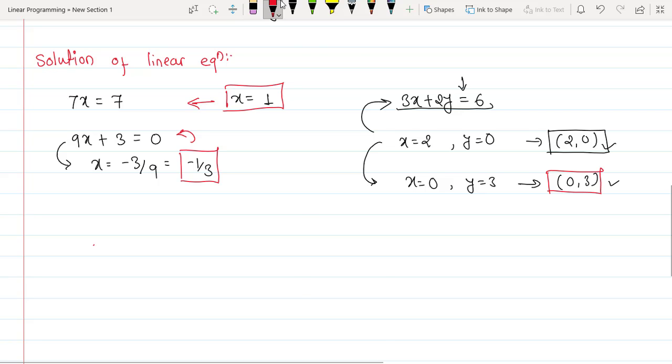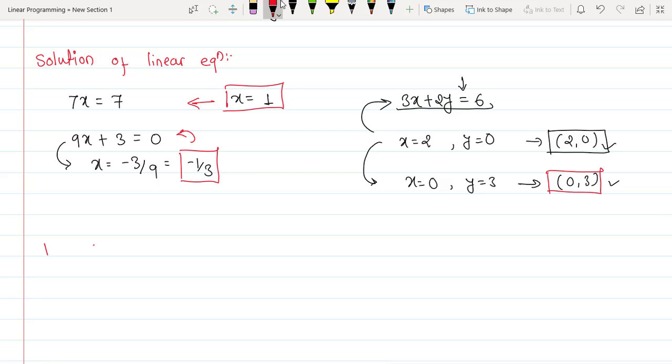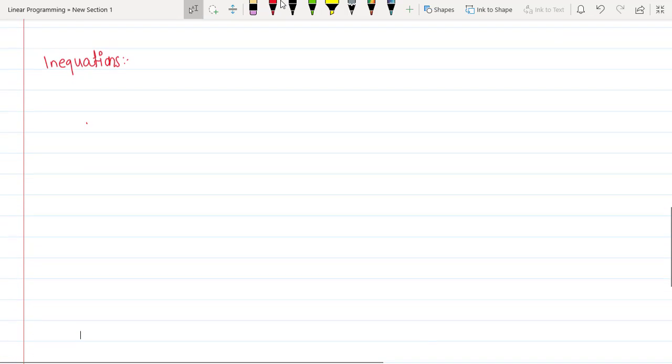Inequation means what? It should include either less than, greater than, less than or equal to, or greater than or equal to in the expression.